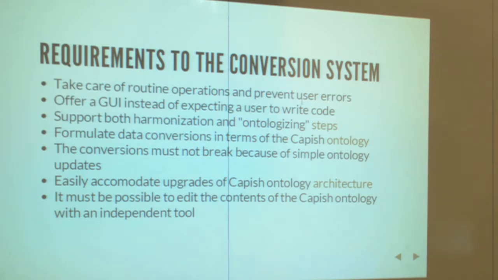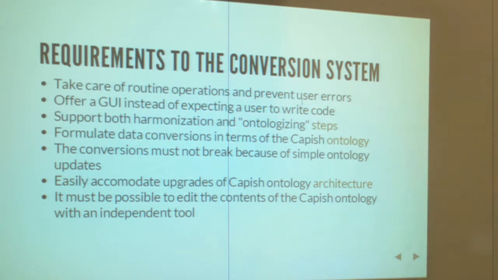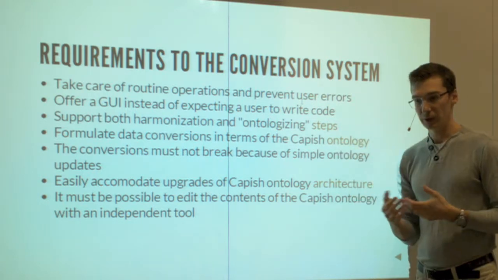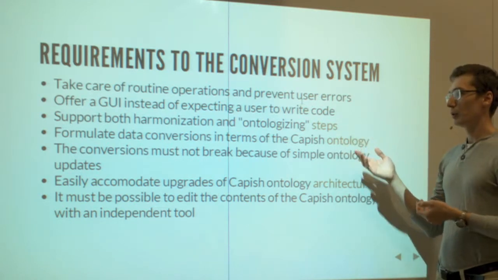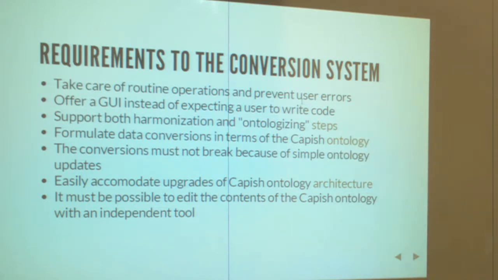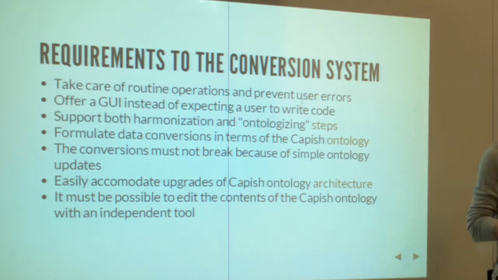Now comes the essential bits. When we formulate the conversion, we, of course, want to refer somehow to the schema that we have to conform to in the end. So we have to refer to the ontology, so we have to formulate the conversions in terms of the ontology. And then, of course, the ontology is also a moving target, so to say. It's being developed all the time.